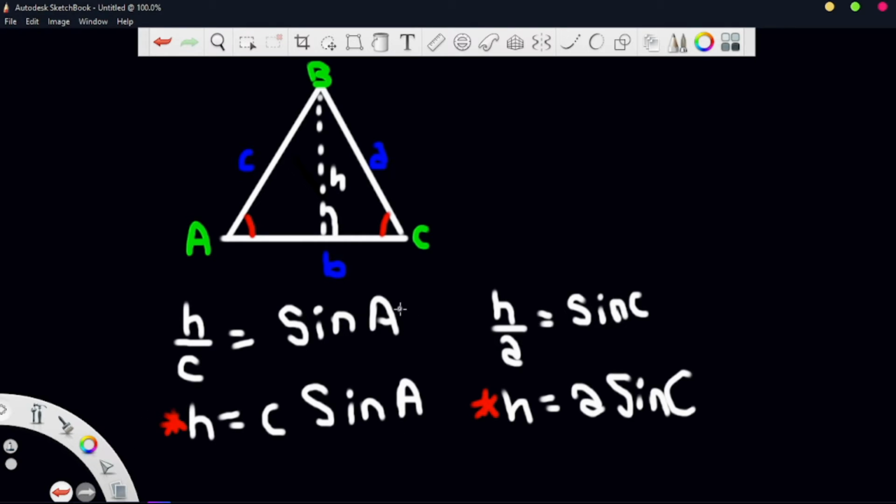We can say that C sine A is equal to A sine C.